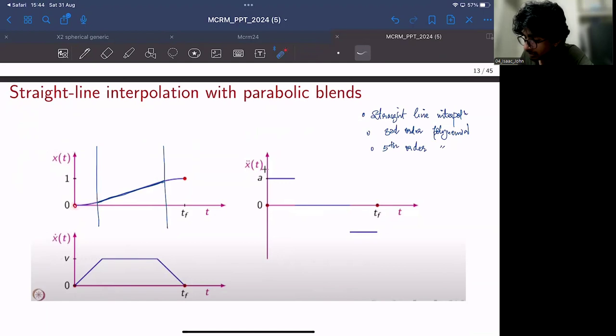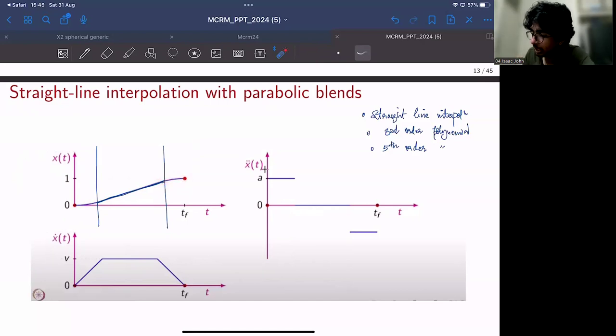It begins from the initial position, gradually goes to some position, then from here it goes to this position along a straight line. And from this position, it parabolically decelerates to the final point.